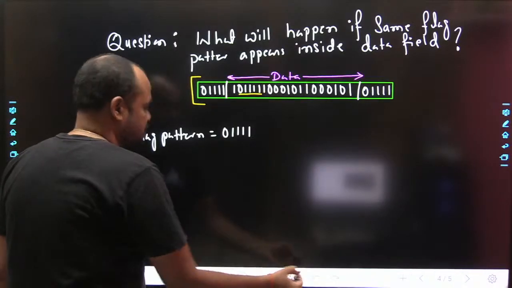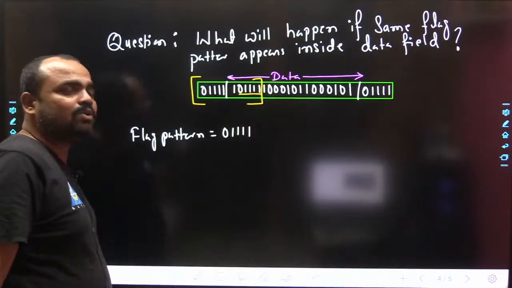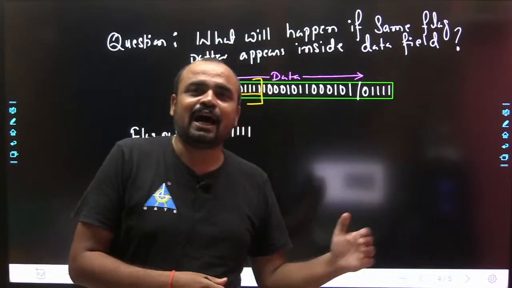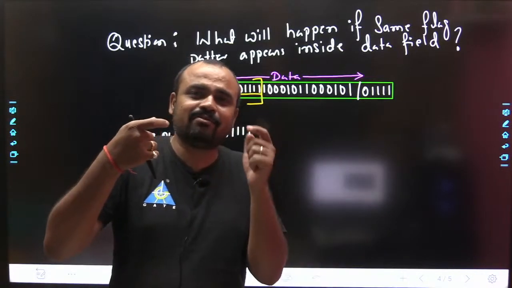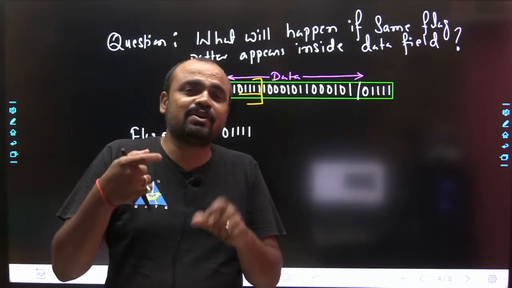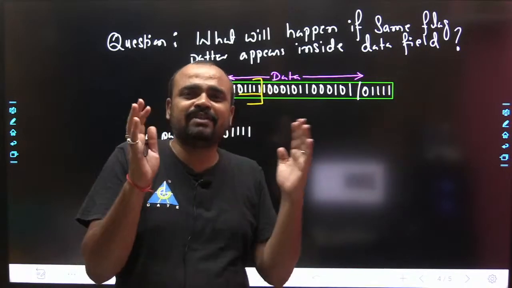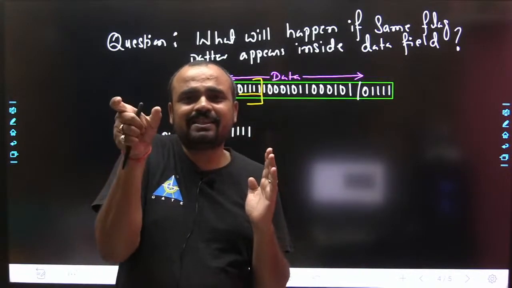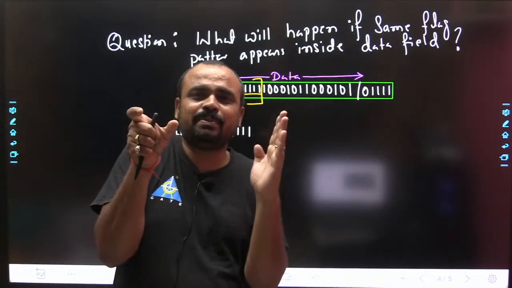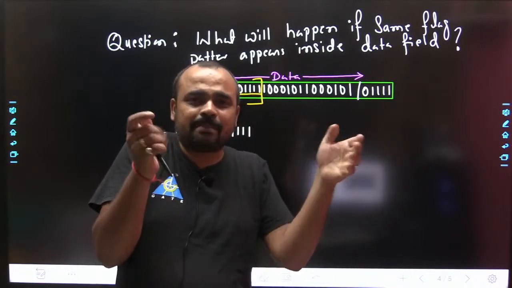Because of how they distinguish the frame, how they separate the frame: after the flag, the intermediate bits are considered as data, and once the same flag pattern hits, the receiver captures the frame. Means read the flag, the intermediate sequence of bits represents the data, and whenever the flag pattern hits, capture the first frame.